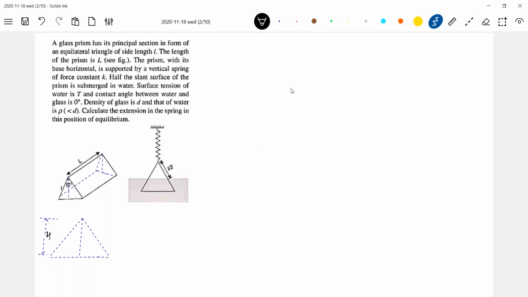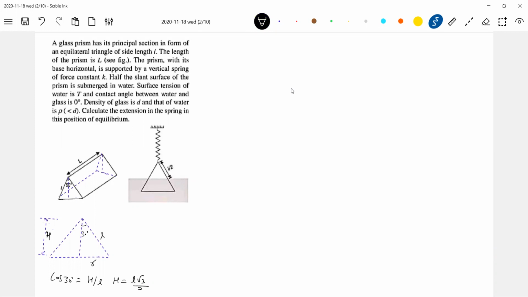Let me take it like this. So the slant length is L. So this will be 30 degrees. Let me take this as R. So cos 30 is equal to H by L. So H is equal to L root 3 by 2.